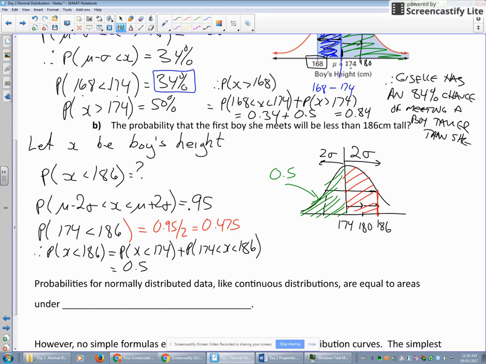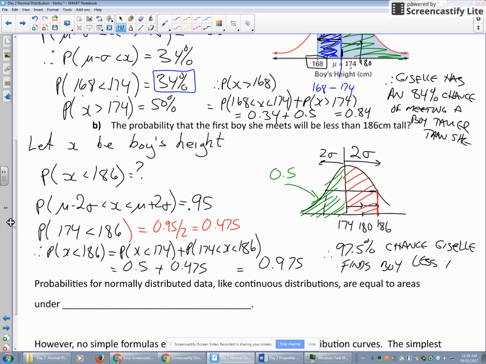We know there's a 50% chance of finding a boy less than the mean and a 47.5% chance of finding a boy greater than 174 but less than 186. And so our probability becomes 0.975. So therefore, there's a 97.5% chance Giselle finds a boy less than 186 centimeters.